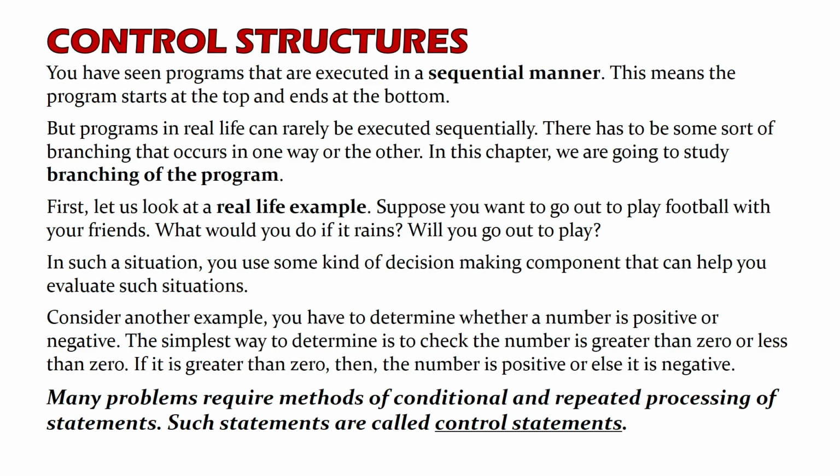Consider another example. You have to determine whether a number is positive or negative. The simplest way to determine is to check whether the number is greater than 0 or less than 0. If it is greater than 0, then the number is positive, or else it is negative.